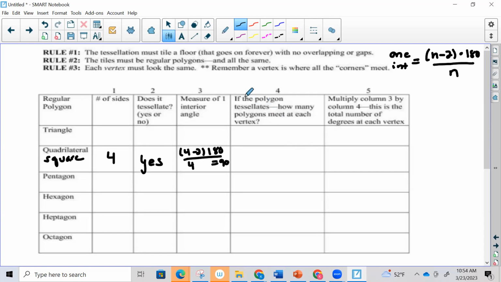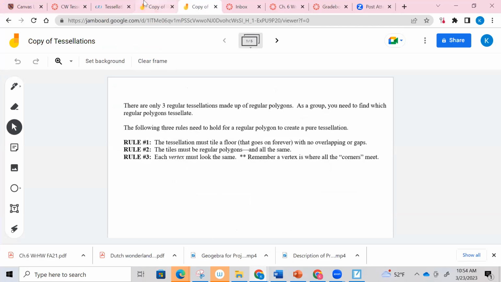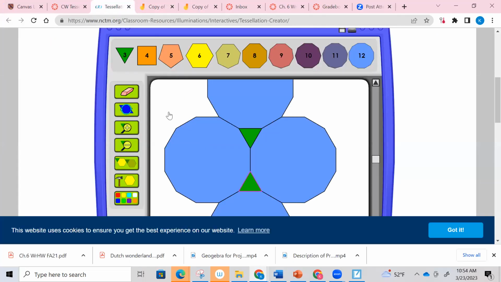Okay. So then it says, if the polygon tessellates, how many polygons meet at each vertex? So you're going to go back to your tessellation picture, and I deleted my squares.